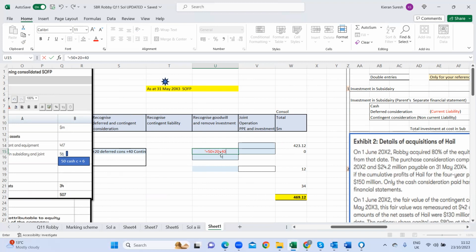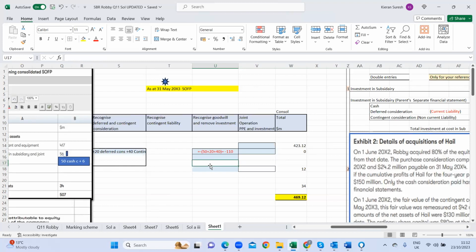These figures need to be removed from the balance sheet. I'll put a minus on the top, because otherwise it will end up as a double count.